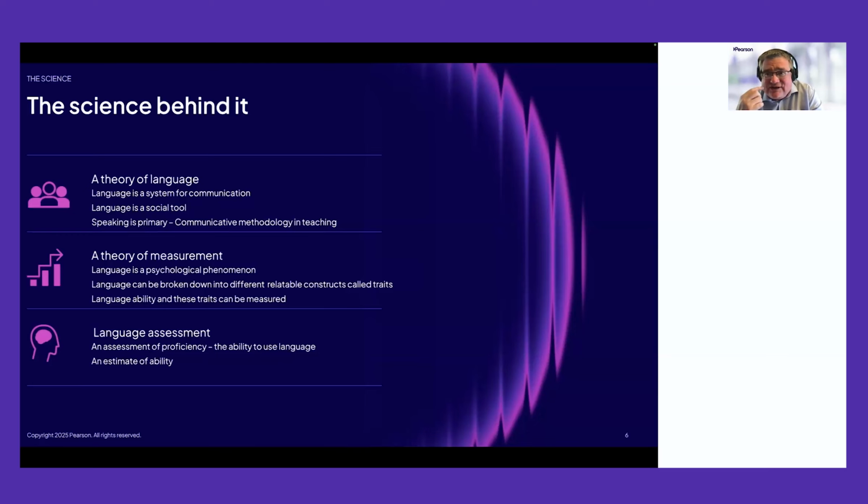So it's not just knowledge, it's also use, okay? And the other thing that's important in language assessment is that it's a psychological thing we're measuring, so you cannot be exact. Everything in language proficiency measurement is an estimate. So when we say that this is the score somebody gets, it's an estimate of their language ability.